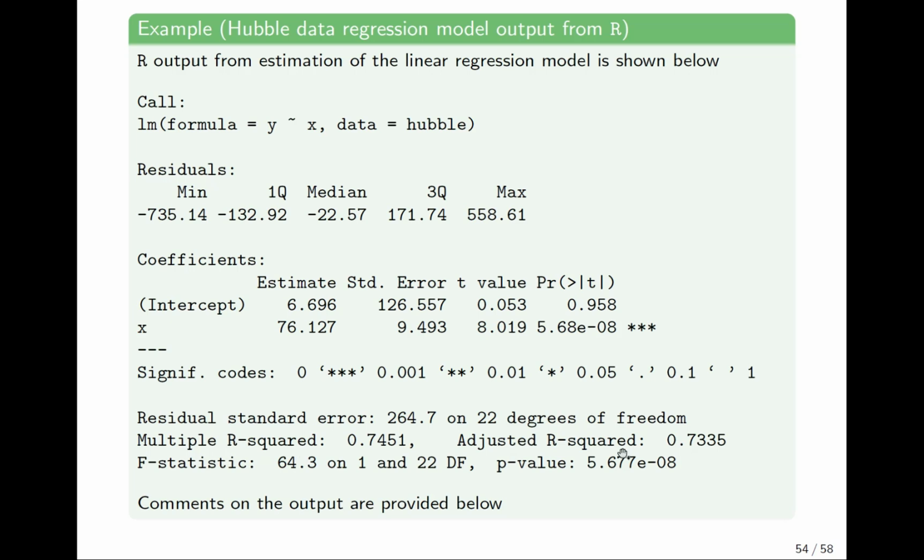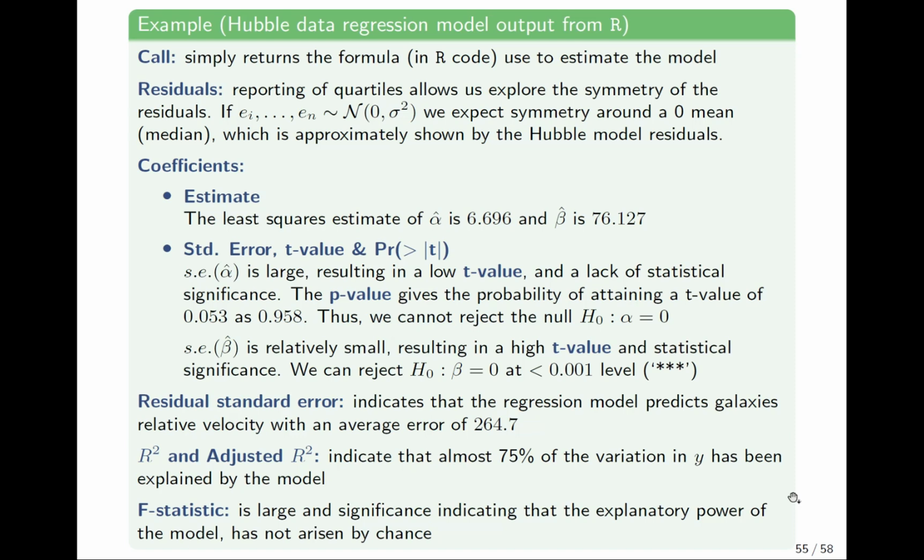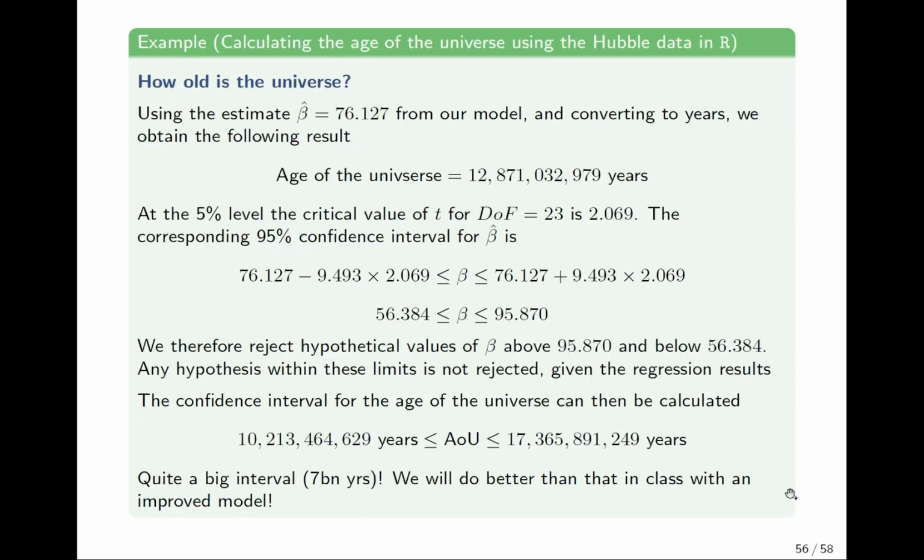R squared and adjusted R squared indicate that almost 75% of the variation in y has been explained by the model, so the explanatory power is pretty good, about 3/4 of the variation in y explained by variation in x. And the F statistic is large and significant, indicating that the explanatory power of the model has not arisen by chance. And that's the comments on the model output there.